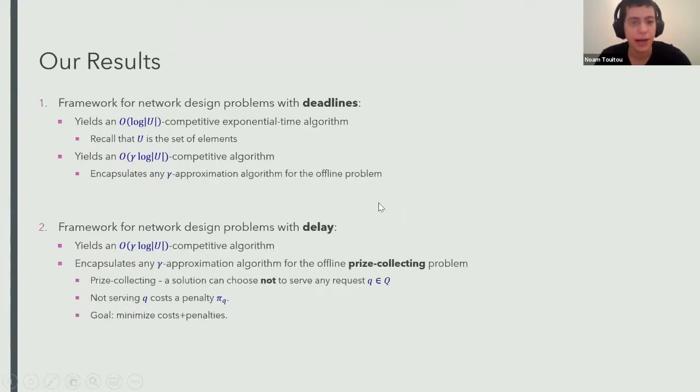And the same we also obtained for the delay case. However, we do demand for the delay case that this gamma approximation is for the offline prize-collecting problem, in which a solution may choose not to serve some request, but instead pay a penalty for that request.